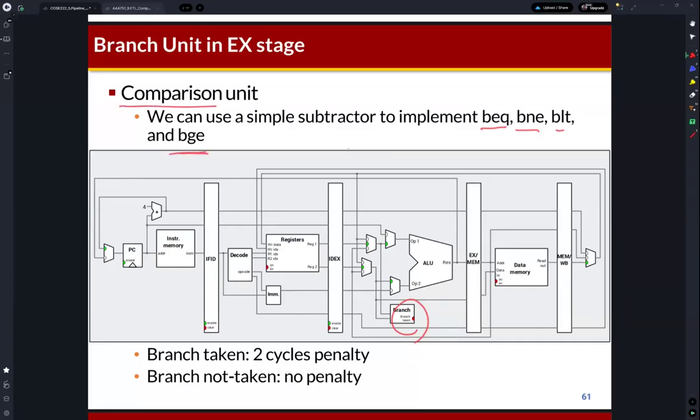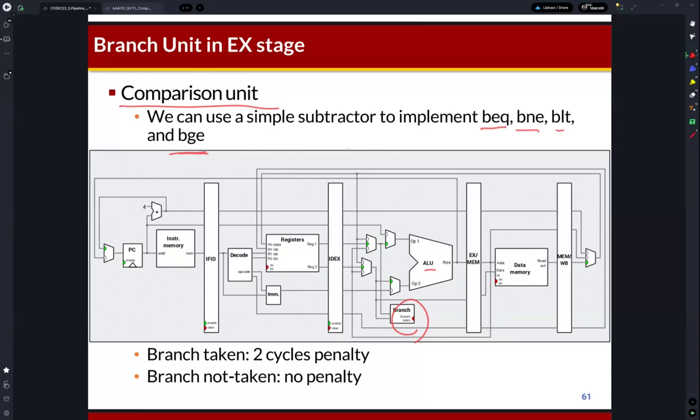This is just the comparison unit. As I mentioned, the comparison is okay, right? Compared to the ALU, the delay of the comparison unit is lower.